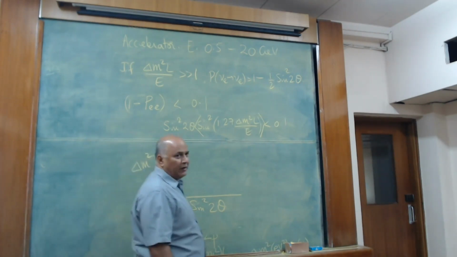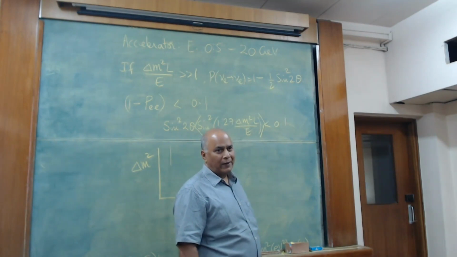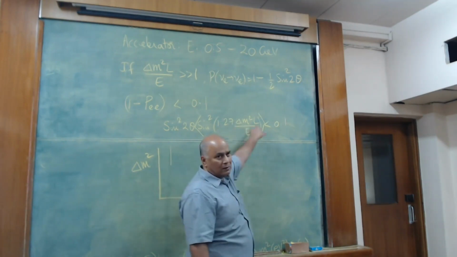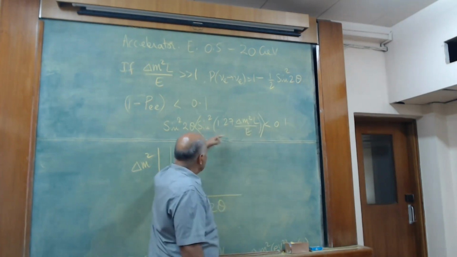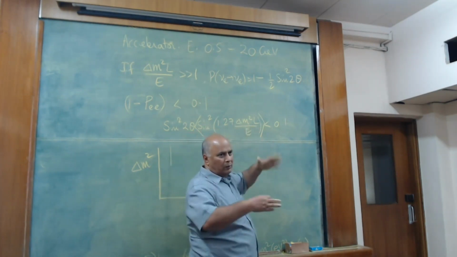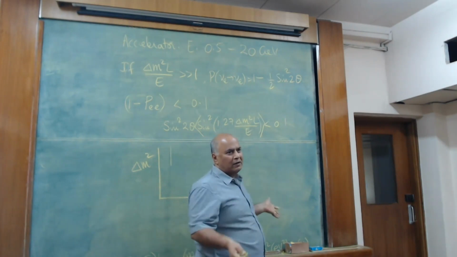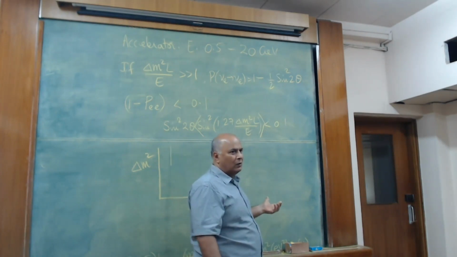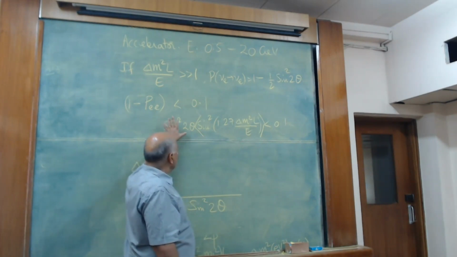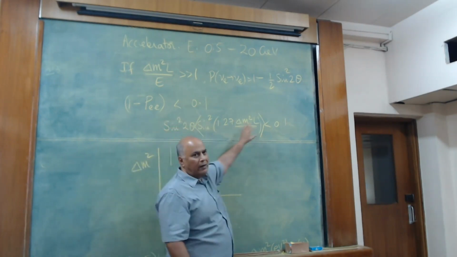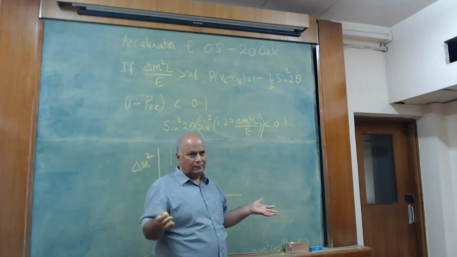Now let's consider very small values of delta m square. Then this sine is approximated by the argument. And as I said, there is a 1 over E also, but that is averaged out. So I have sine squared 2 theta and delta m squared whole square.